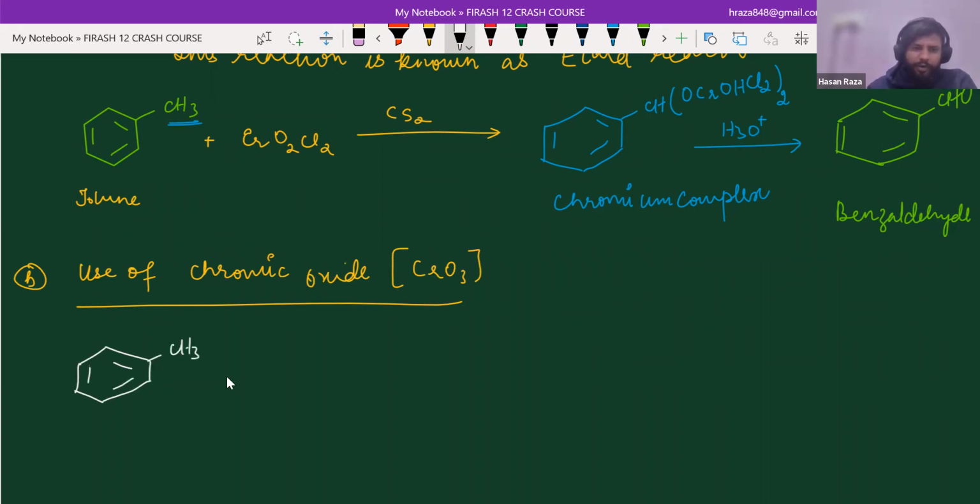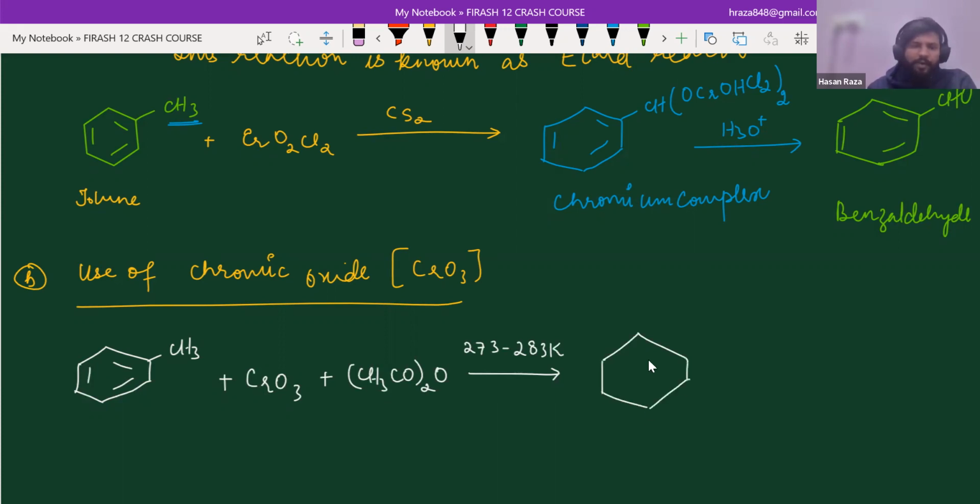And if you are going to treat this with chromic oxide in the presence of acetic anhydride, at 0 to 10 degrees centigrade, then this will be oxidized to a complex, an intermediate you can call it.